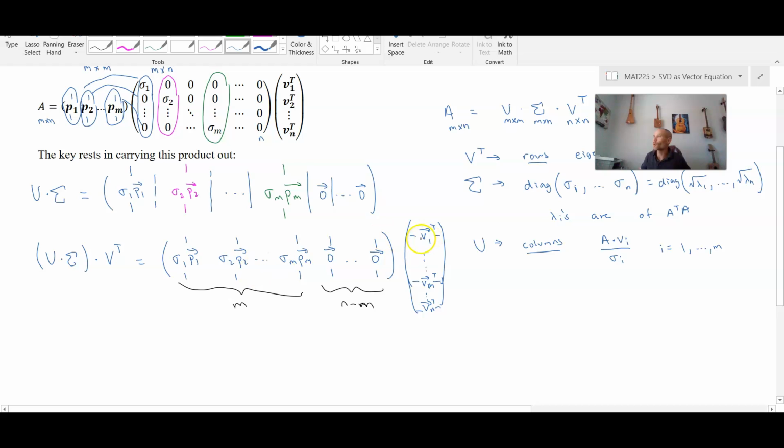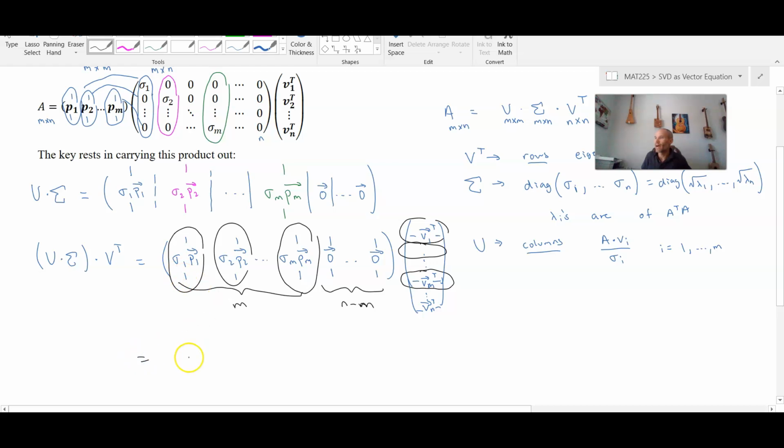So if I look at these products, this vector here will multiply this vector here, this vector here, and this vector here. And then the second column here will multiply the second eigenvector here, all the way down to the mth column with the mth eigenvector, and then a bunch of zeros after that.